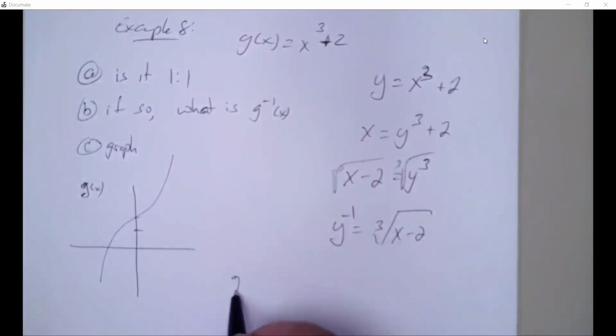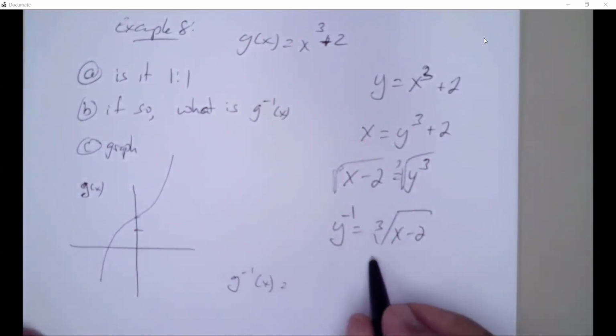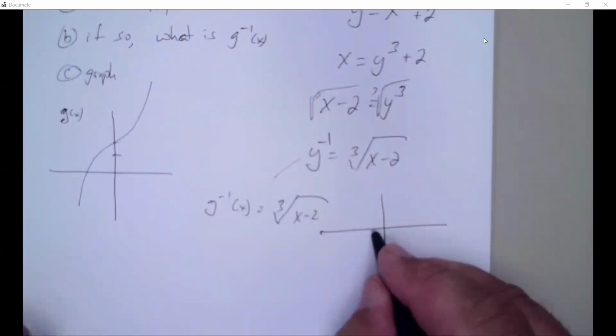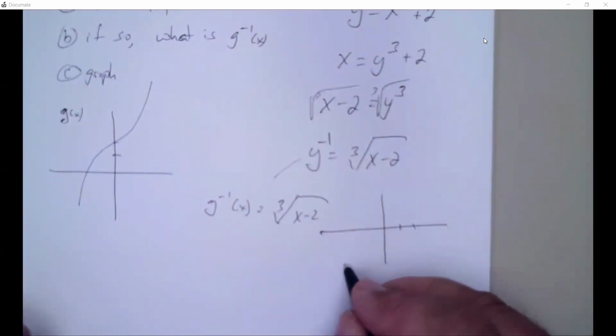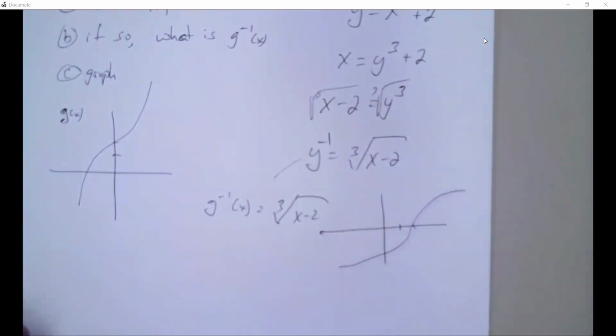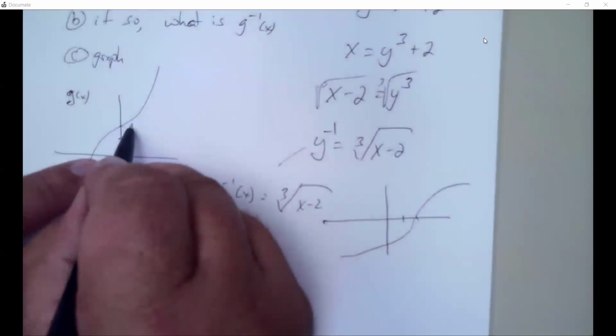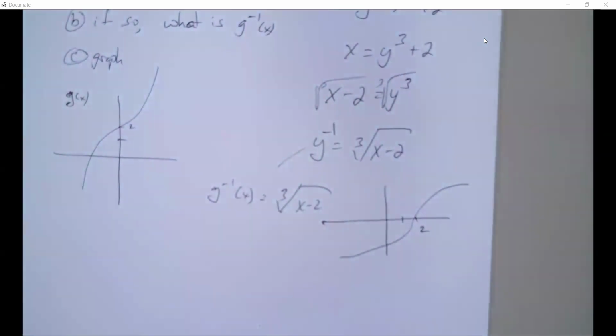Its inverse graph is the cube root function, because instead of crossing at 2 here, it crosses at 2 here. So it is 1-to-1.